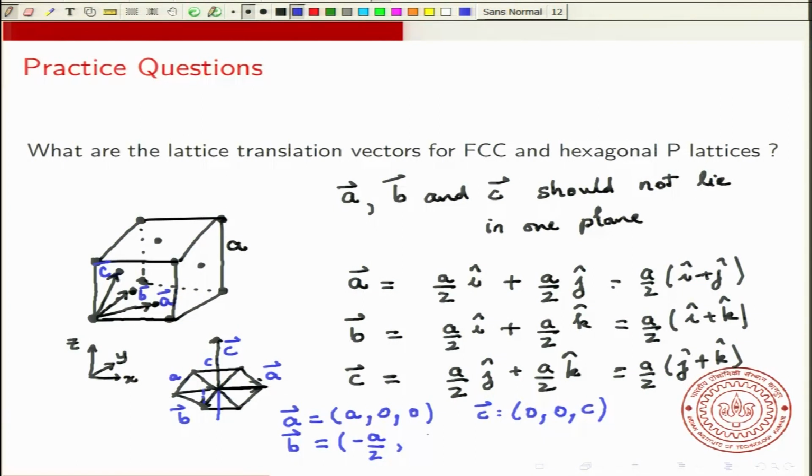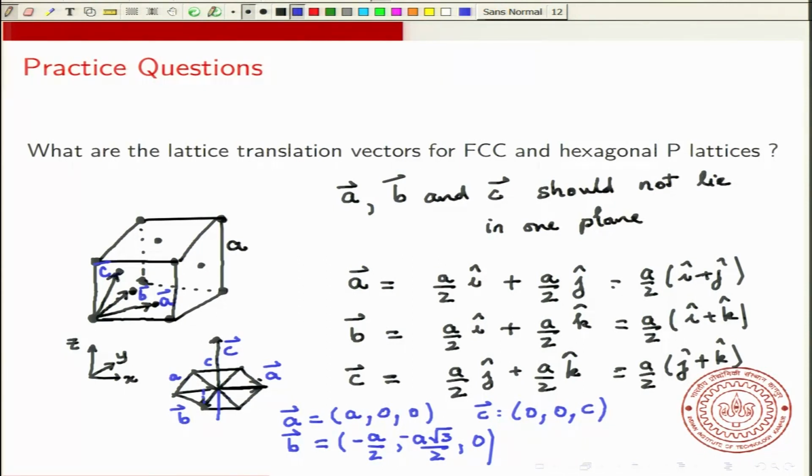So it is minus a/2, and along the y direction it is minus a root 3 by 2, and 0 along the z direction. These are the A, B, C in Cartesian coordinates. So I can write A as a i, C as c k, and B as minus a/2 i minus a root 3/2 j plus 0 k.